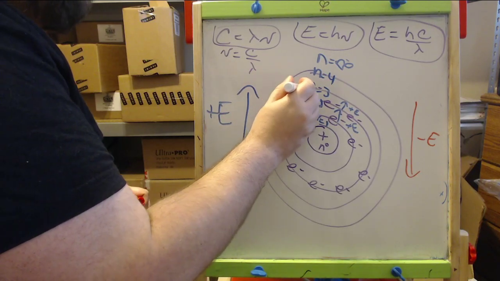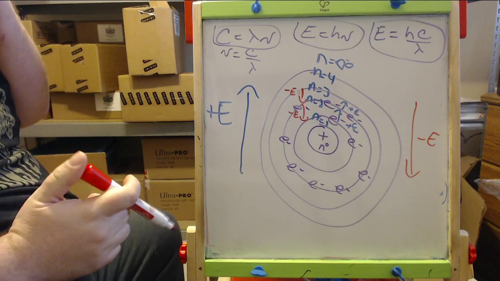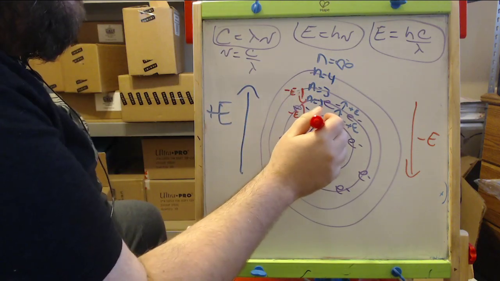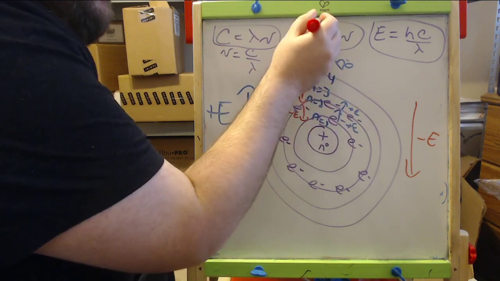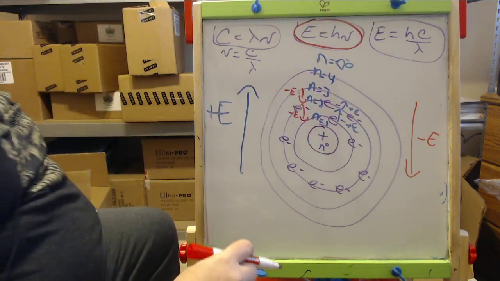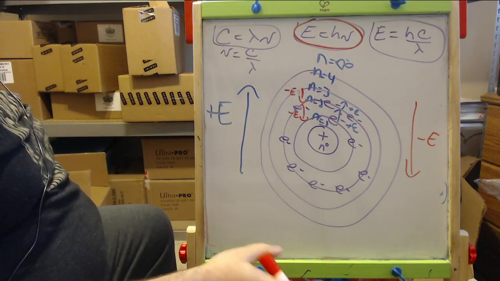Negative and positive in our case is, do I lose or do I gain energy? So in order to move up a level, I need to gain energy. How much energy? Here comes Planck's formula. And in order to move down, I'm going to lose that energy.